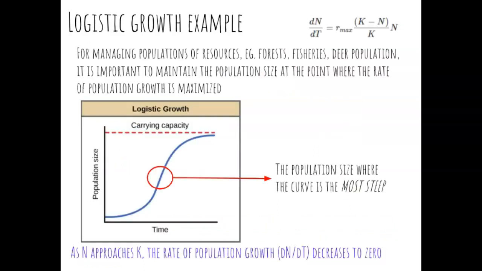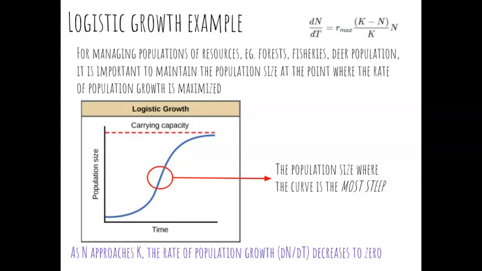Because logistic growth is the more realistic type of population growth, and it's the type that most populations of living things are undergoing, it's important to know the carrying capacity and the population size of different populations when we are trying to manage a population of resources, such as forests or fisheries or deer, because you want to maintain the population at a size where the rate of the population growth is maximized.